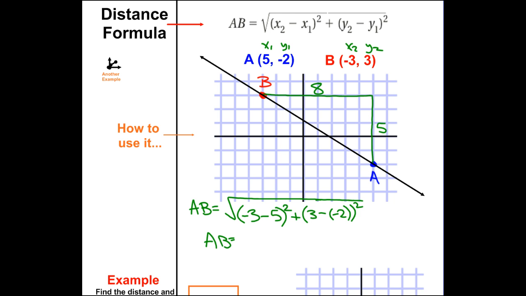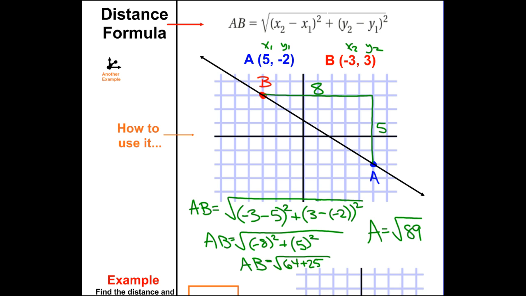AB equals the square root of -3 minus 5 is -8 squared, plus 3 minus -2 is 5 squared, which really means AB equals the square root of 64 plus 25. So AB equals the square root of 89. I'm going to leave it like that because I know I'm going to get a really ugly number if I plug it into my calculator. We're going to be looking at 9 point something.